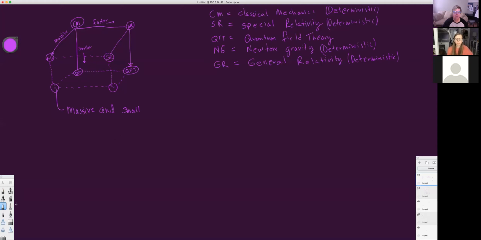Absolutely. Yep. So when I say massive, I mean of order, you know, a solar mass, M solar. And then by small, I mean of order the size of an atom, which is like 10 to the minus 15 meters, right?